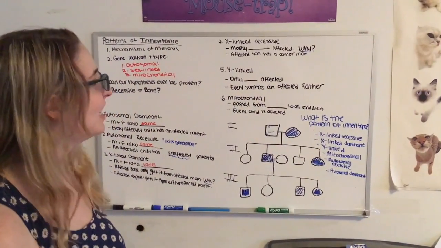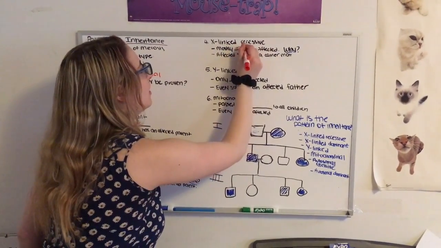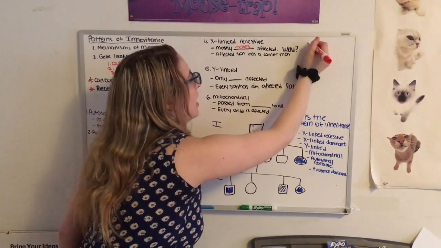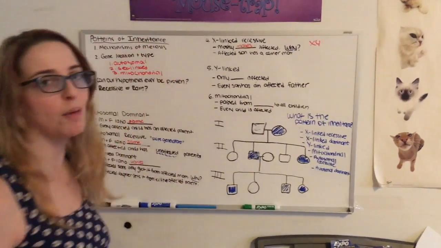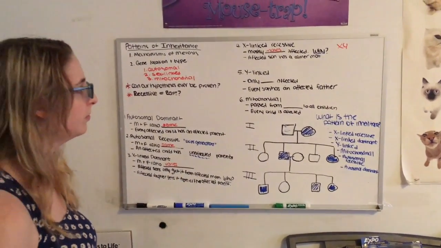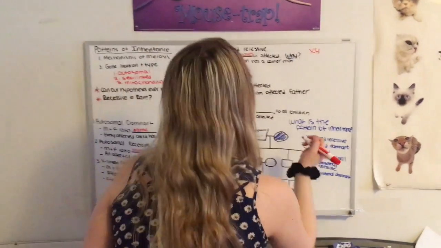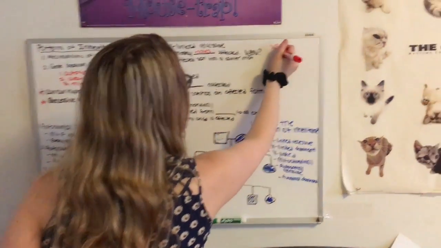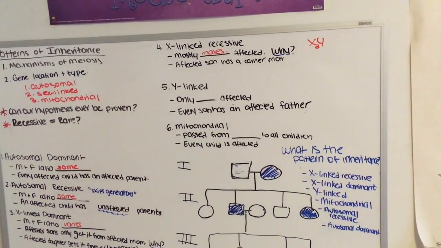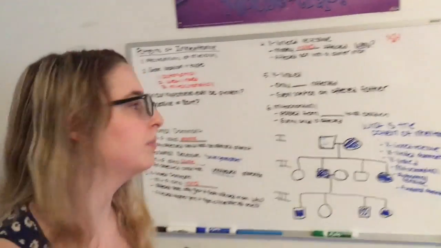Okay, X-linked recessive. Mostly males are affected. And this is because, as we know, males who are XY have only one copy of the X chromosome, and they inherit one from their mom. So this means that if they inherit the diseased allele that is recessive, they'll automatically be affected. So the affected son has a carrier mom.